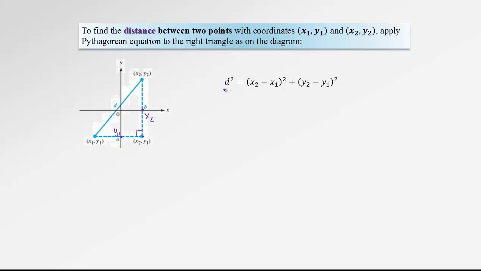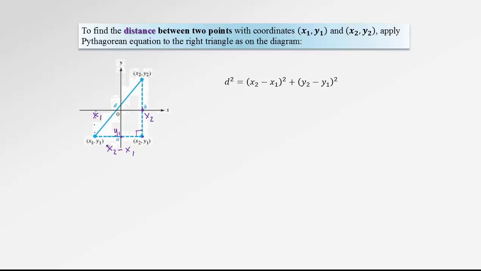Okay, when we apply Pythagorean theorem to this right angle triangle, the hypotenuse square, which is d square, is equal to a square. And how long is that distance? Well, that's the difference in first coordinates of these 2 points, right? So it is x2 minus x1. Here's x2, here's x1, right?